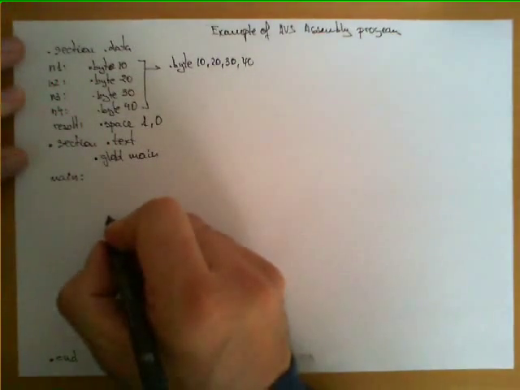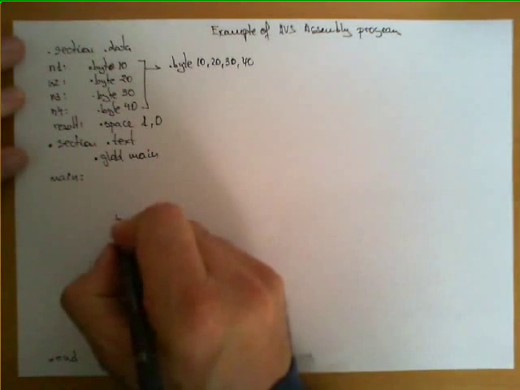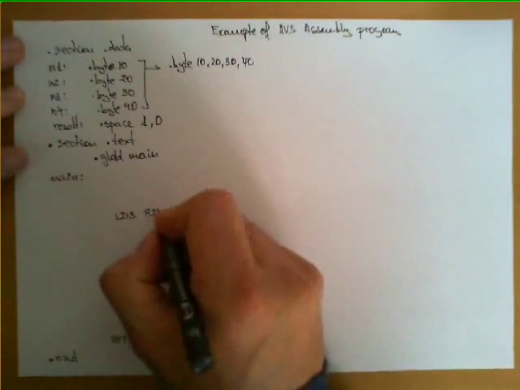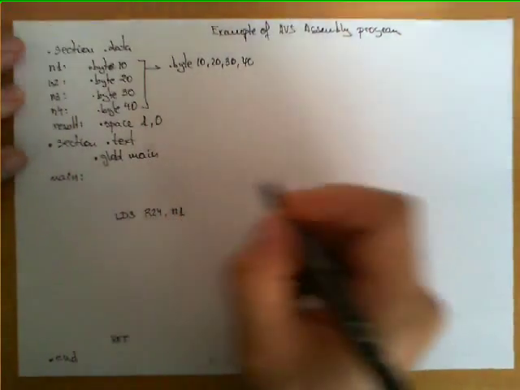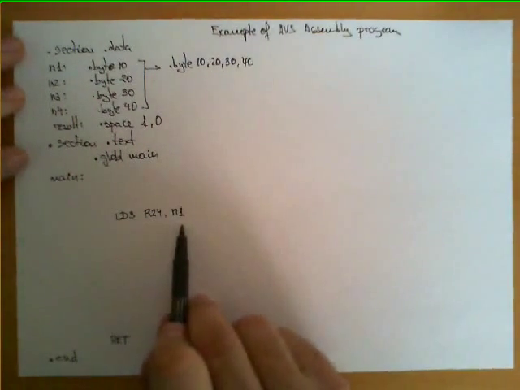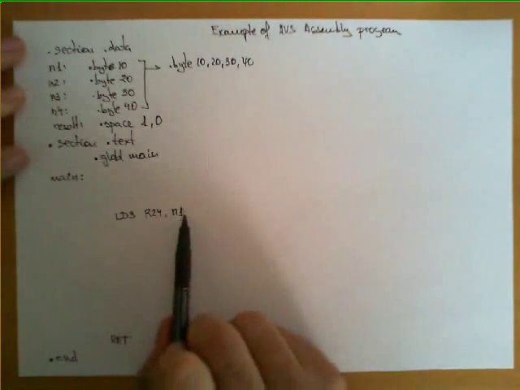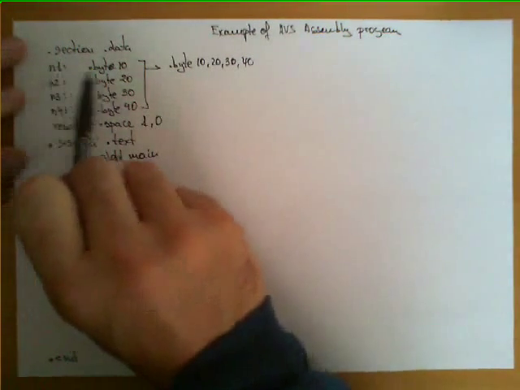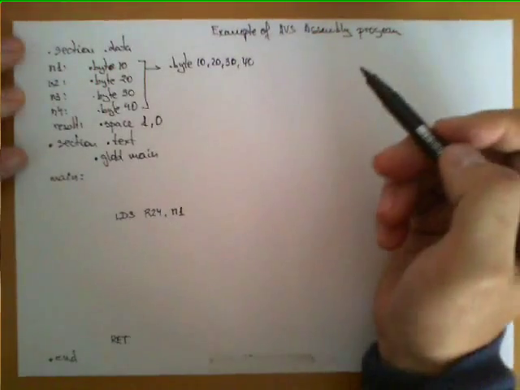So one first operation we would do is to load with instruction LDS in R24, register 24, the number N1. And we can do exactly that with this instruction. Now remember, this label over here is telling us that we are loading in R24 the content in memory which corresponds to label N1.